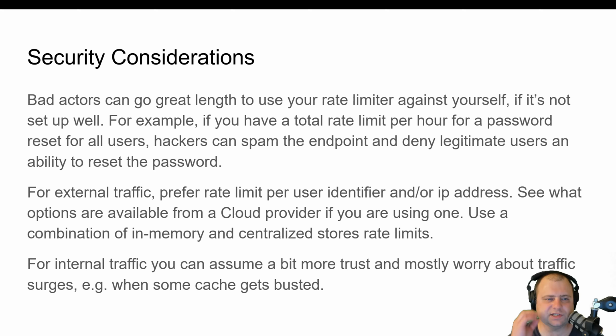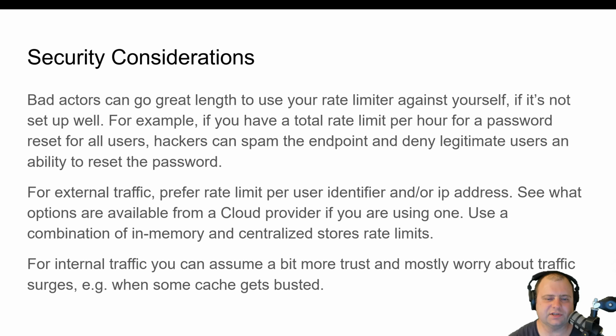And then let's talk about security a bit more. Bad actors can go to great lengths to use rate limiting against you if it's not set up well. For example, if you have a total rate limit per hour for password reset for all users, hackers can just spam the endpoint, and if you don't have protections for that, the rate limit gets exceeded, and then hackers can deny regular users the ability to use the password reset.